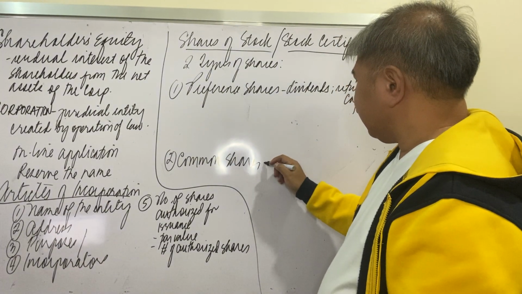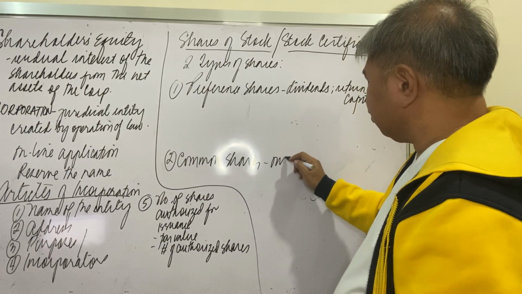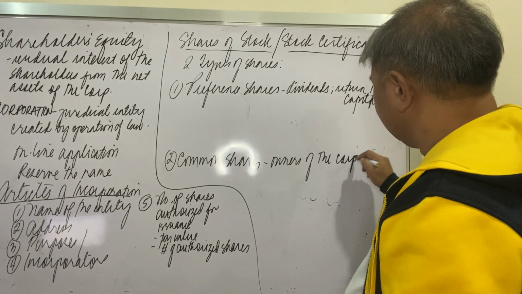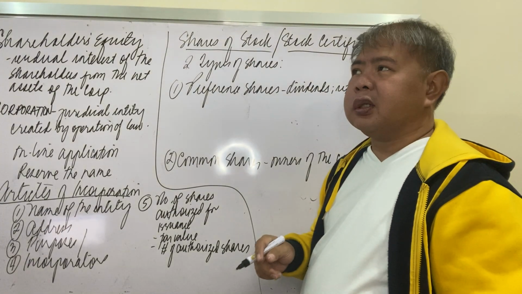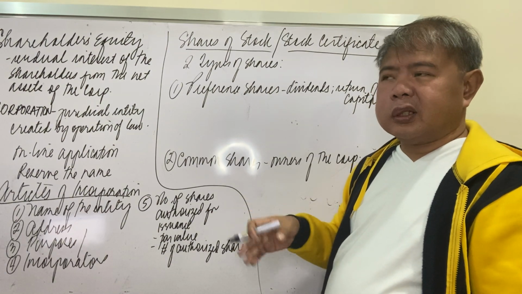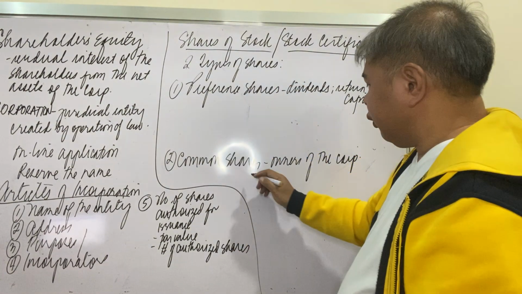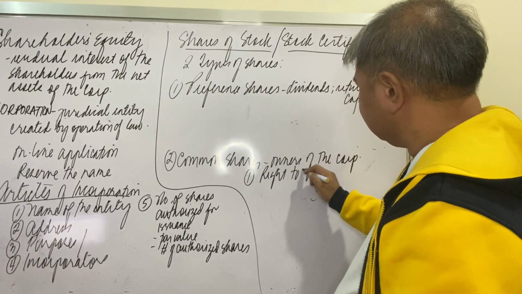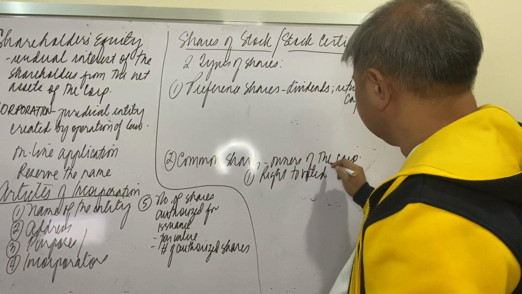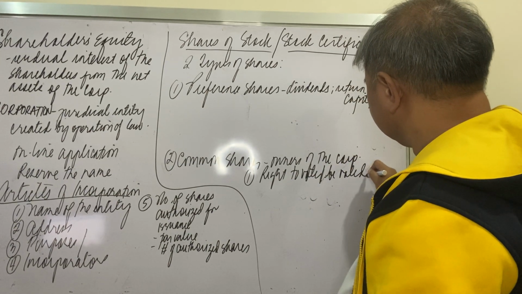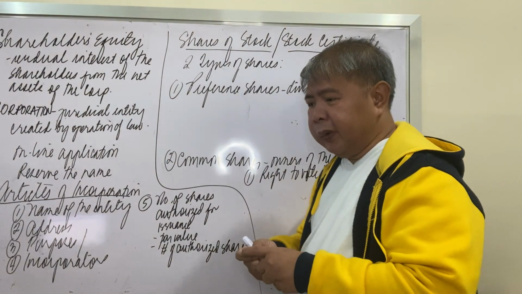Now, common shares, these are the true owners of the corporation. And when you are a common shareholder, there are certain rights and privileges granted to you that are not granted to the preference shares. Number one, of course, is the right to vote and be voted. So, meron kang karapatan na ma-elect.